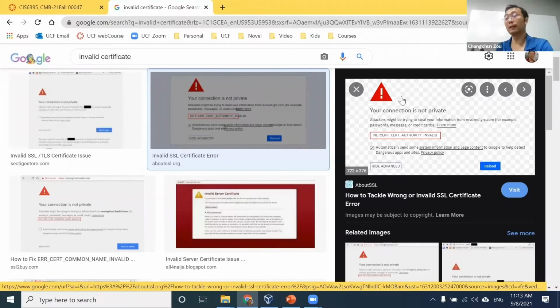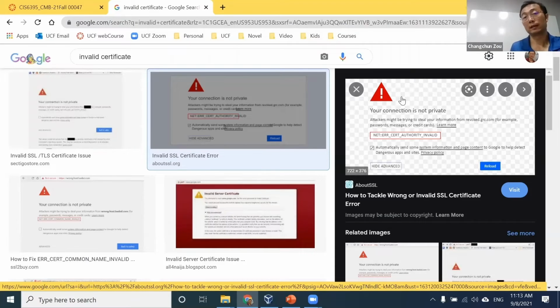In many cases, this is okay because maybe the website you connected to hasn't paid the fee to get a certificate. If you get a digital certificate, you need to pay a fee to that particular certificate authority to buy the certificate.